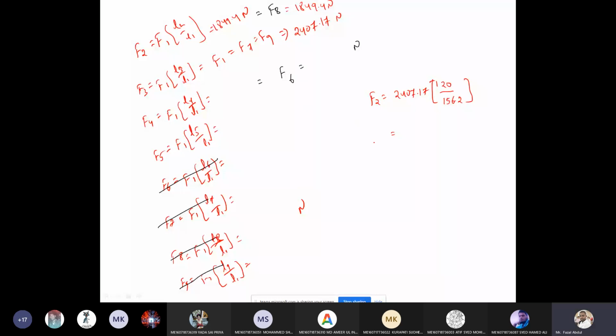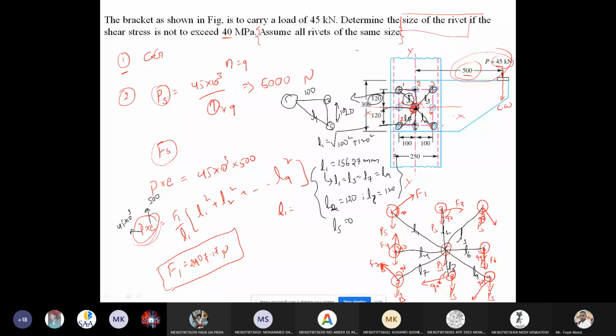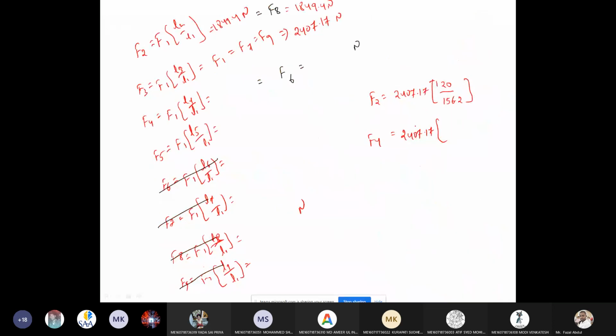Now tell me the F4 value. 2407.17. How much did we get? How much is F4? 1541.08 newtons.